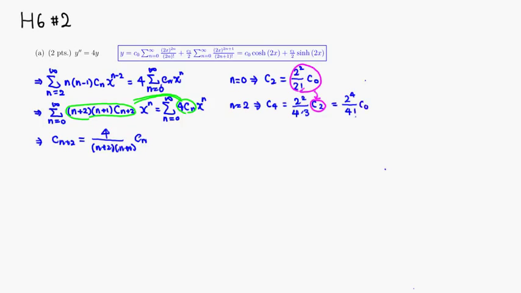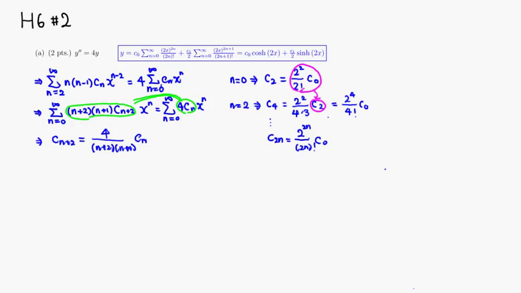So we are already seeing the pattern here, so I'm going to just say dot dot dot. If you want to find c sub 2n, it is equal to 2 to the 2n power over 2n factorial, times c0.